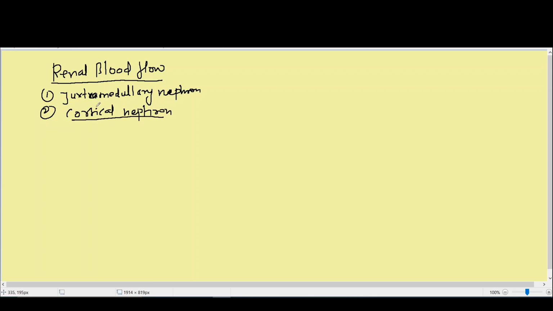Okay, now every kidney holds about 1 million nephrons, meaning one kidney holds at least 10 lakh nephrons.